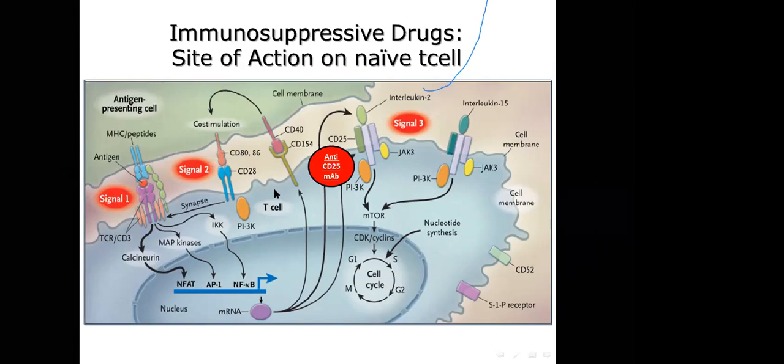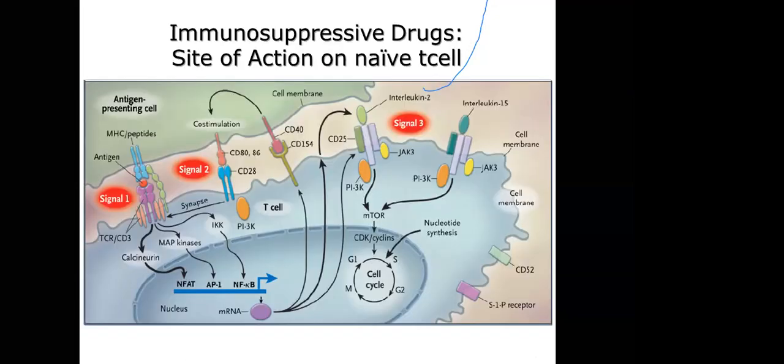And we have the drugs which act on the mTOR signal, which are sirolimus and everolimus, and the drugs which act on cell proliferation and metabolism, which are azathioprine and MMF. Some drugs like the JAK inhibitor were on the market and were also removed because of side effects. And we have anti-CD52, which is alemtuzumab, Campath, and we will mention it in the next slide.